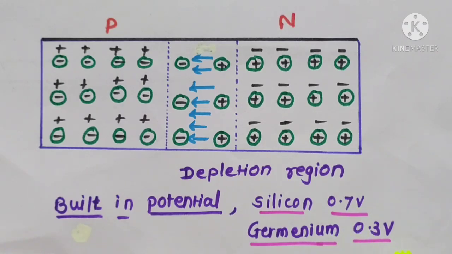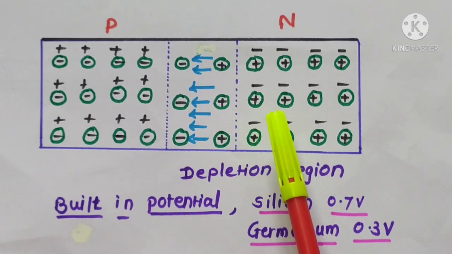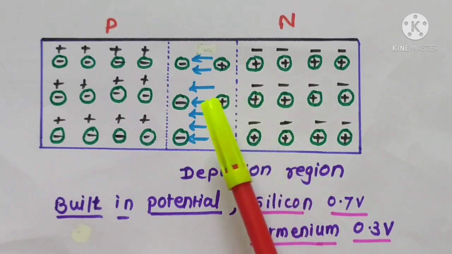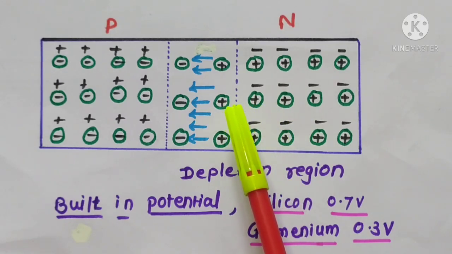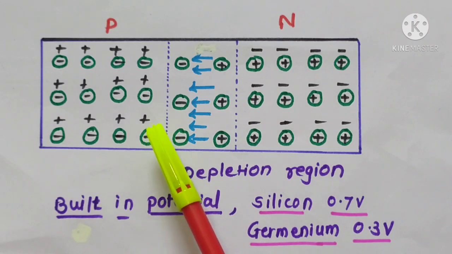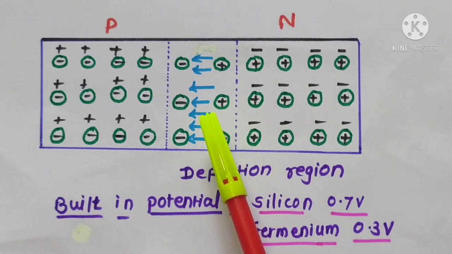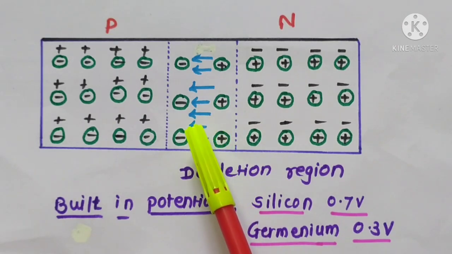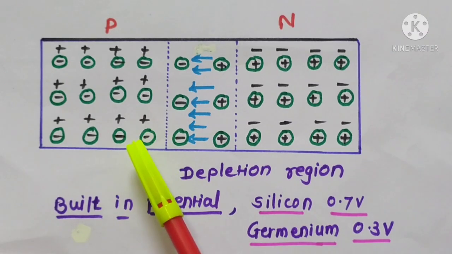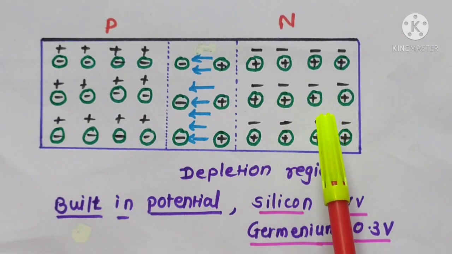The majority carriers in both regions have to overcome this barrier potential to cross the depletion region, and only a few majority charge carriers are able to cross this barrier when there is no external biasing. But due to this electric field, the minority charge carriers in both regions can cross. In the p-type, minority charge carriers are free electrons, while in the n-type, minority charge carriers are holes.